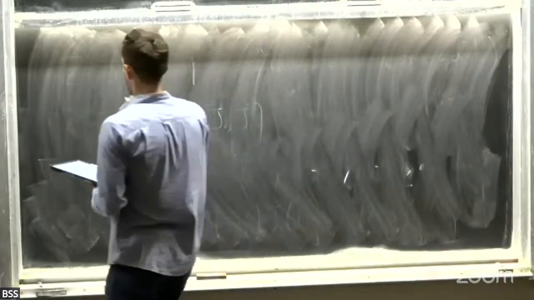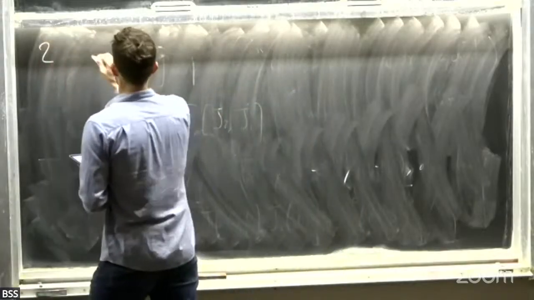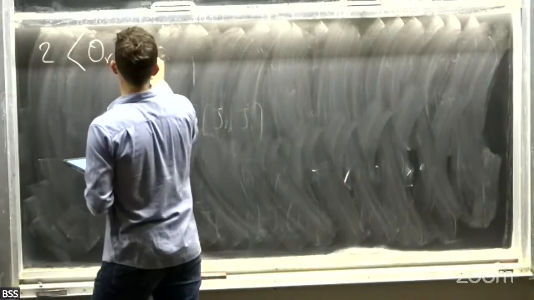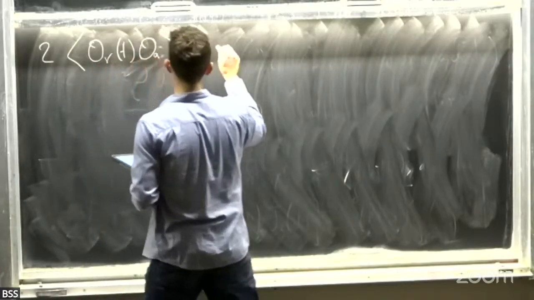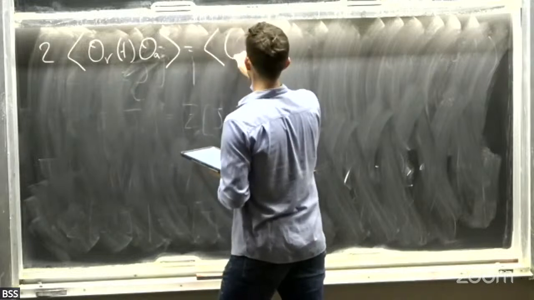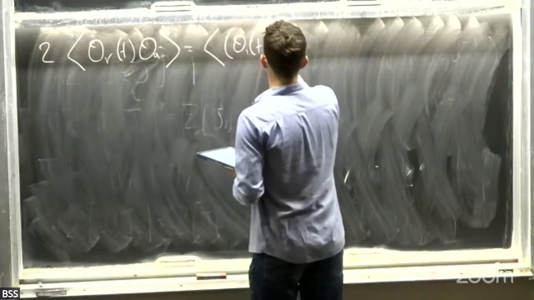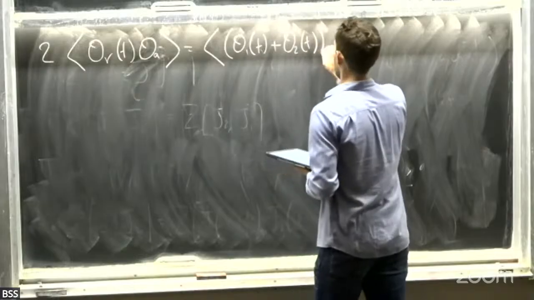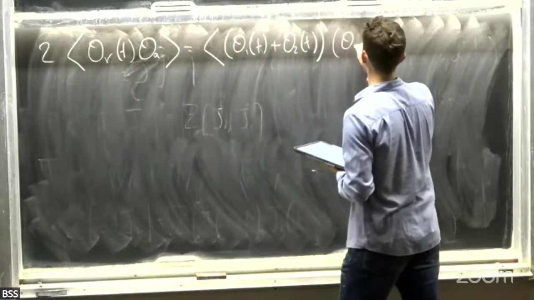So let me just give you an example. Let's compute the RA correlation function of the operators. What this means, I'm just translating back to a notation. R is the average field. A is the difference field.